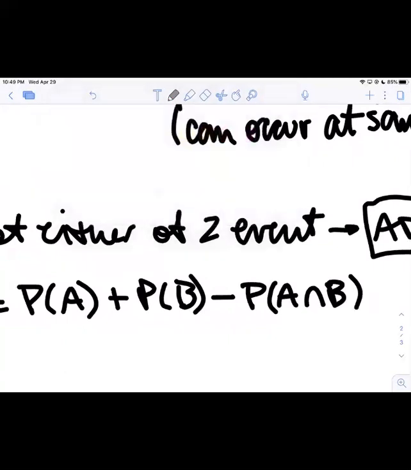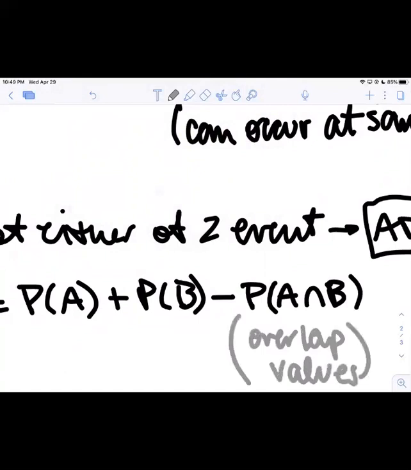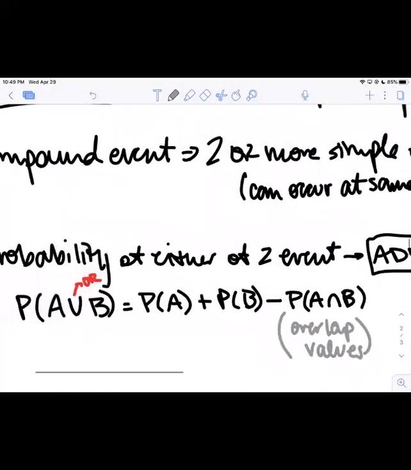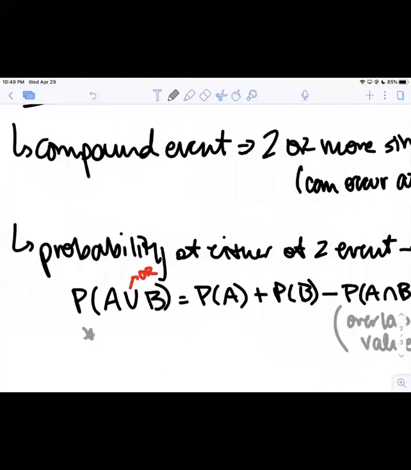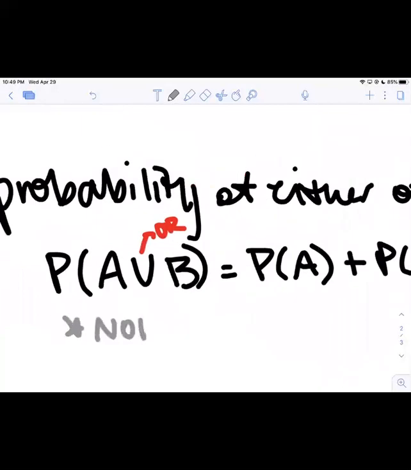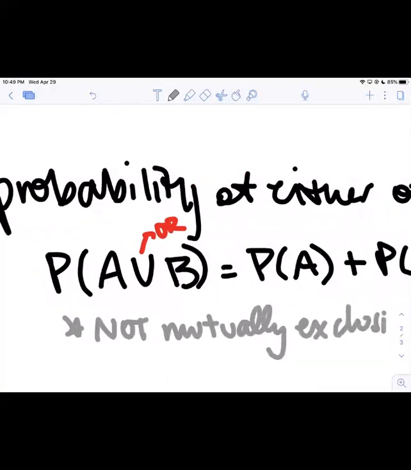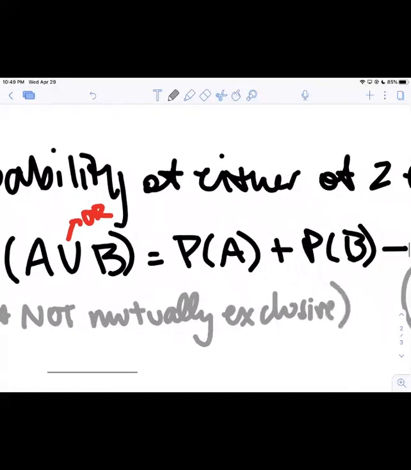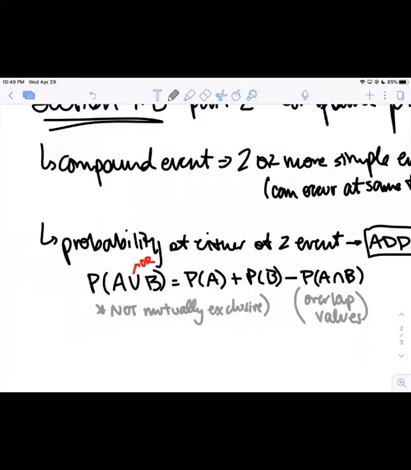So that's my overlap values. And we'll do an example in a second so you can see what I'm talking about. And this is where they are not mutually exclusive. I like to think about it just as if there's an overlap.